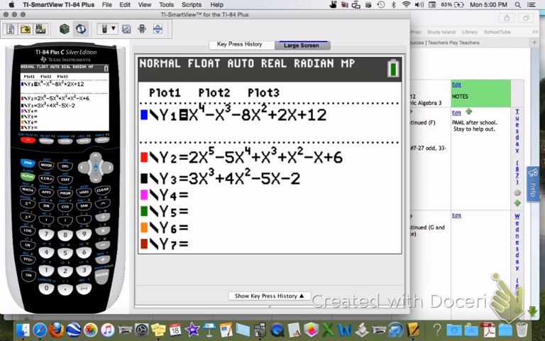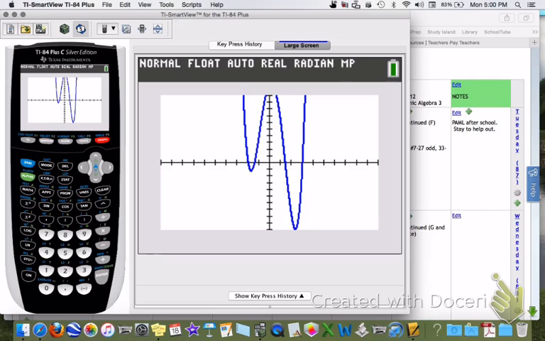Okay, so I go to my graphing calculator. You'll notice in Y1, there is my function. What I'm going to do is hit graph. Remember, if you're not looking at a standard window, you want to hit zoom 6. Okay, so now there's my function.